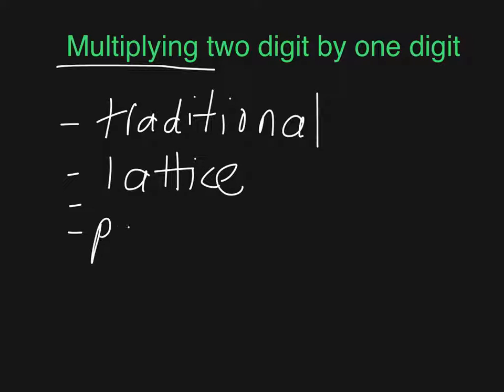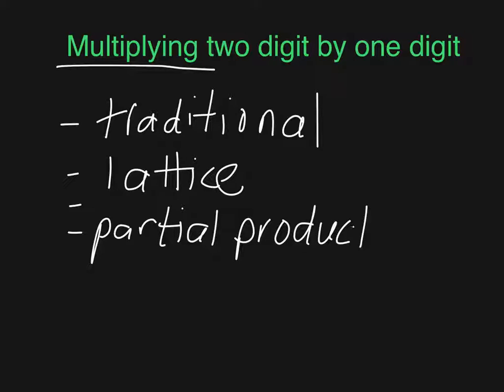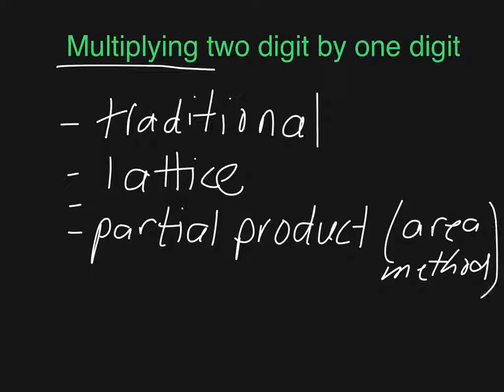There's partial product, which I'm going to put area method here, because that's a way to organize the partial product. And I'm going to come back up to traditional, and it's one that I'll call a modified traditional.